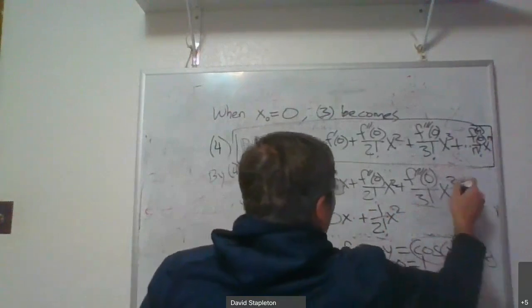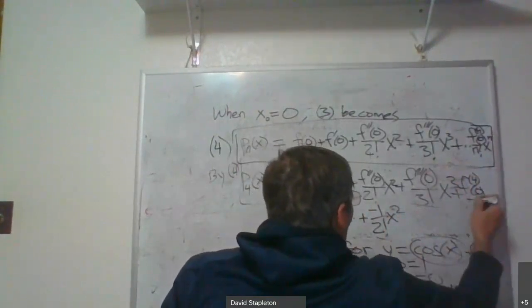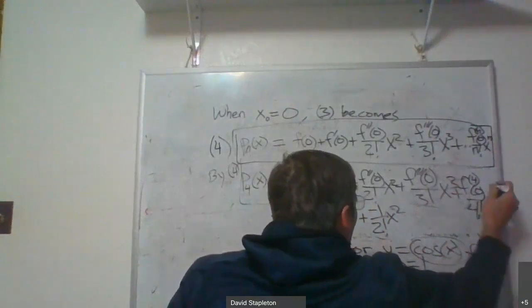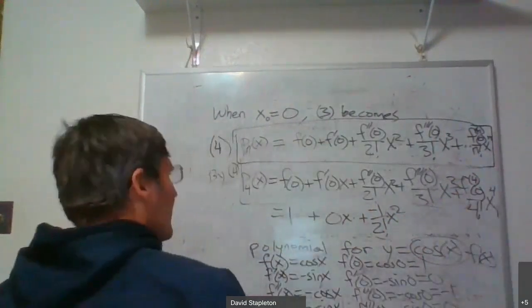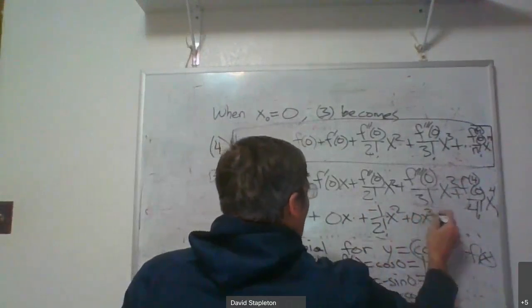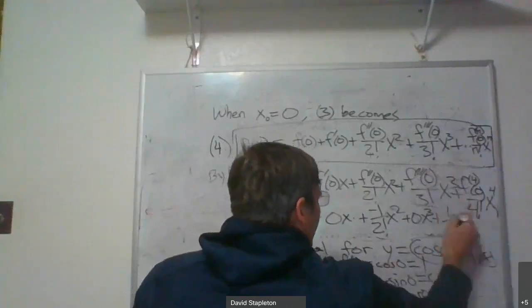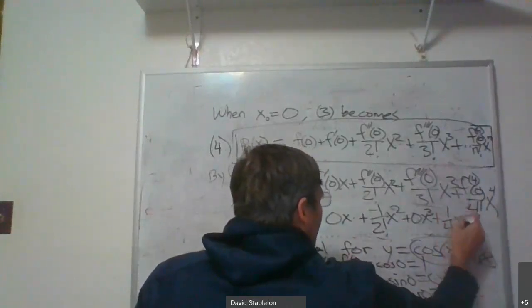Oh, I forgot my one here. Plus f fourth at 0 over 4 factorial. All right, plus 0 x cubed plus the fourth derivative is 1 over 4 factorial x to the fourth.